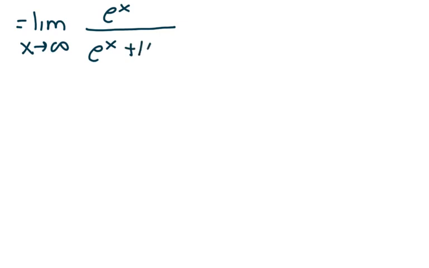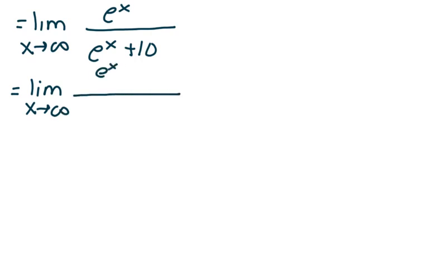So this is the limit as x goes to infinity of the derivative of the numerator, which is e to the x, over the derivative of the denominator, which is e to the x plus 10. Now, you could do L'Hopital's rule again. Here I would say you don't have to. What I'm going to do is divide the numerator and denominator by e to the x.